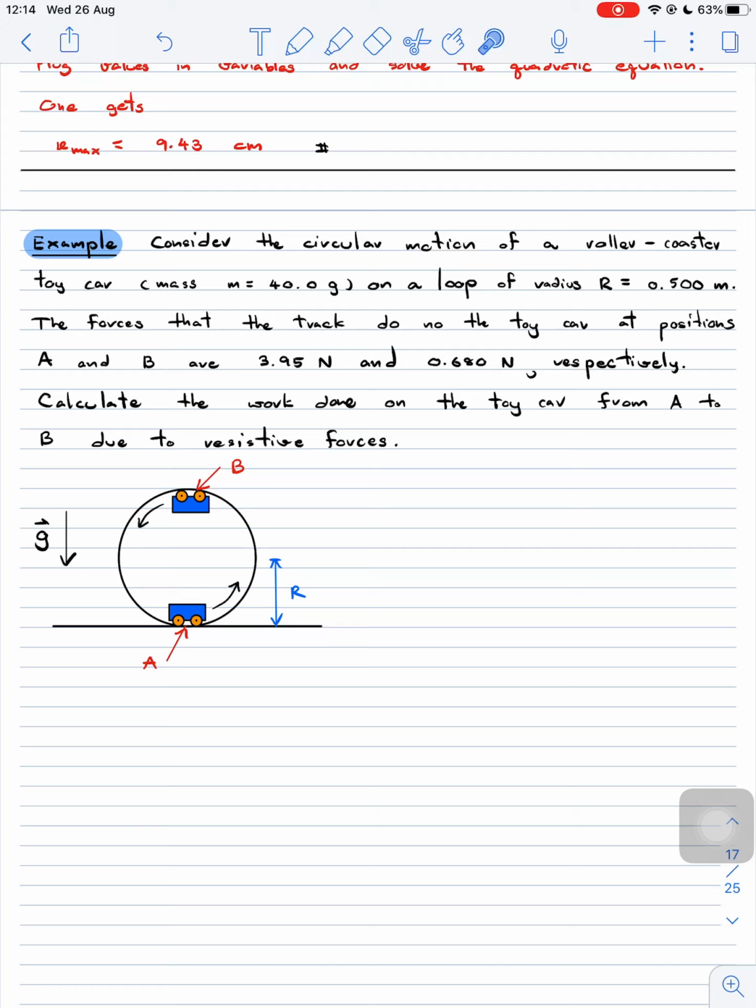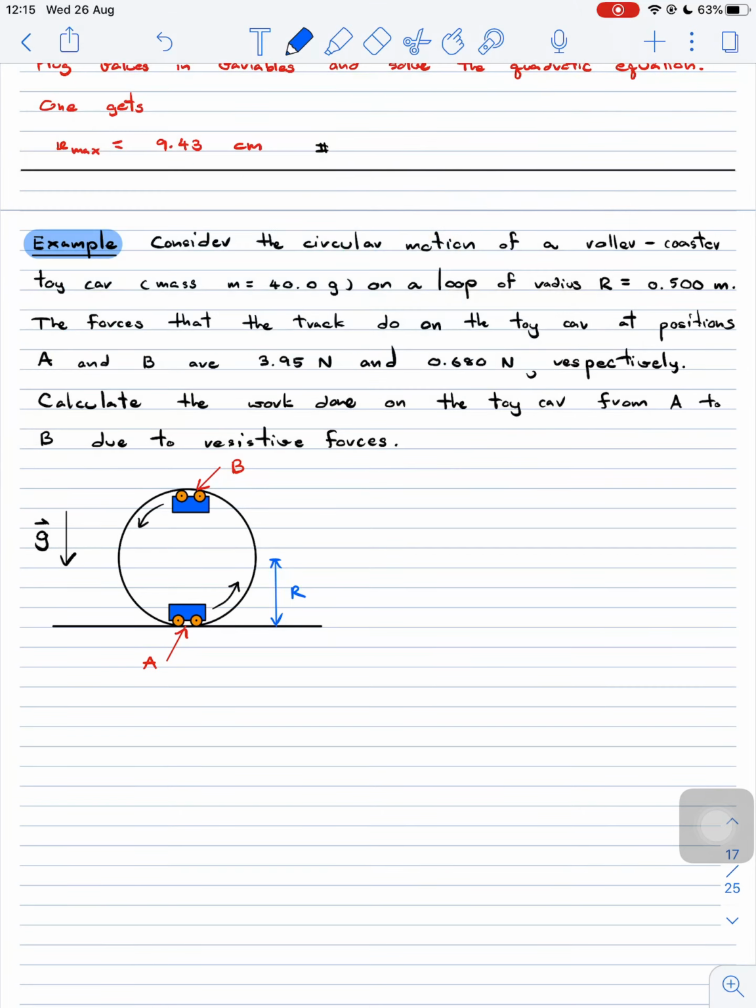The forces that the track does on the toy car, right, at the positions A and B. So these are the normal forces, right, because it's the force that the track exerts on the toy car, right? So it's called the normal force, as we have known already.